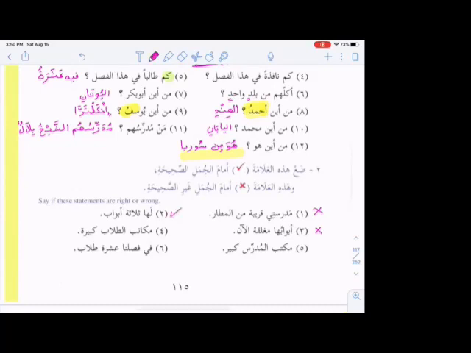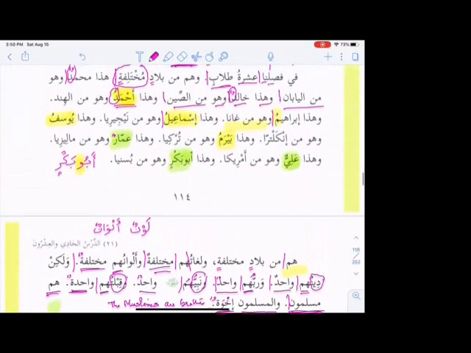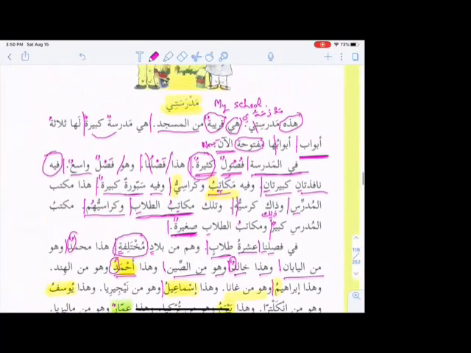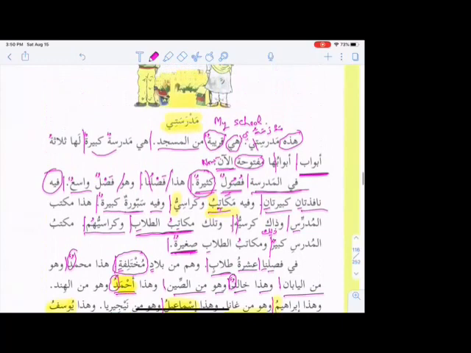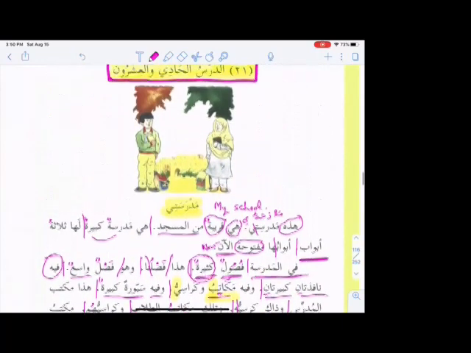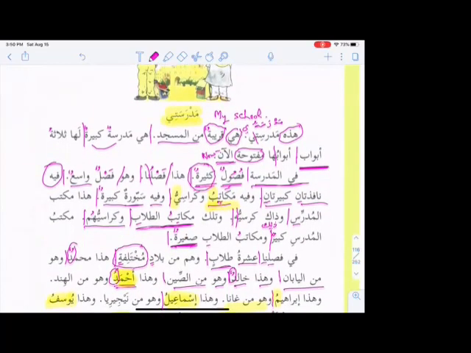It is correct. Laha salasatu abwabin. Yes, it is salasatu abwabin. Laha salasatu. So 3 is correct.